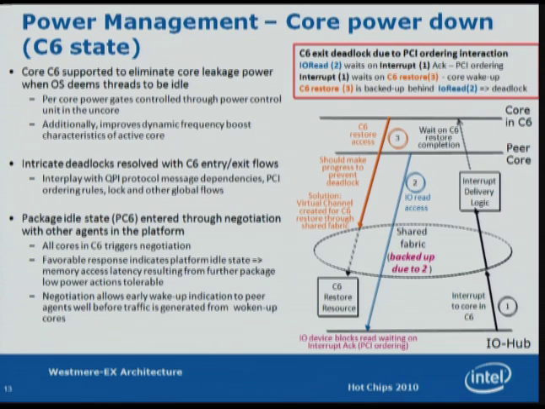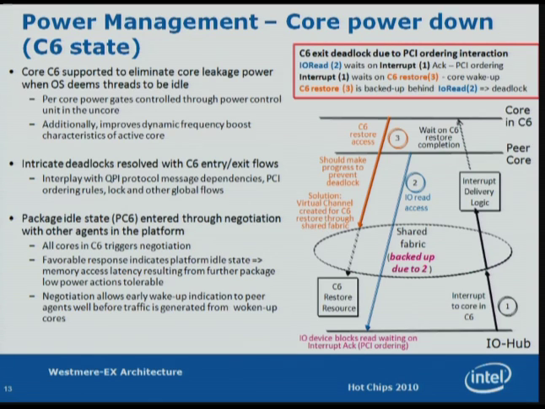And if the responses are favorable, that essentially means that your entire platform is idle, and it gives you the license to go ahead and take some more power management actions, right? So you can say, okay, I've negotiated, everybody is okay with the latencies that might be incurred on some shared resources. And once we get into this package state, we do take some additional power saving actions, right?